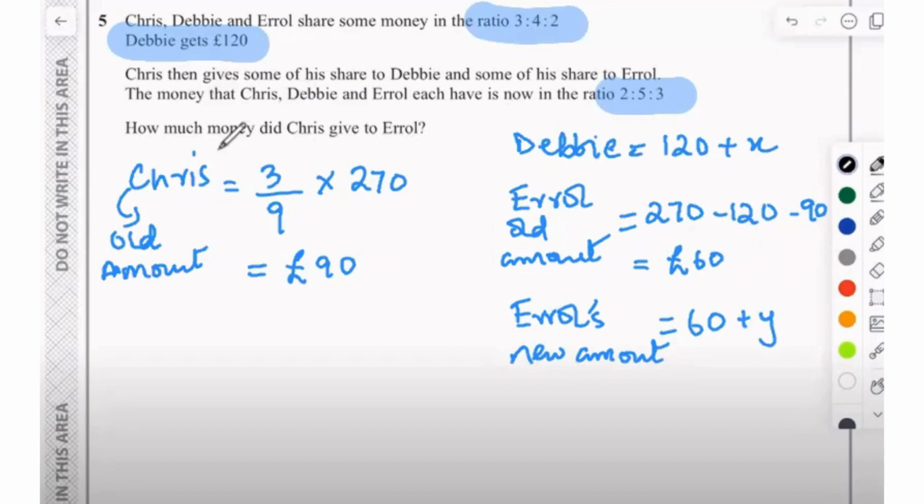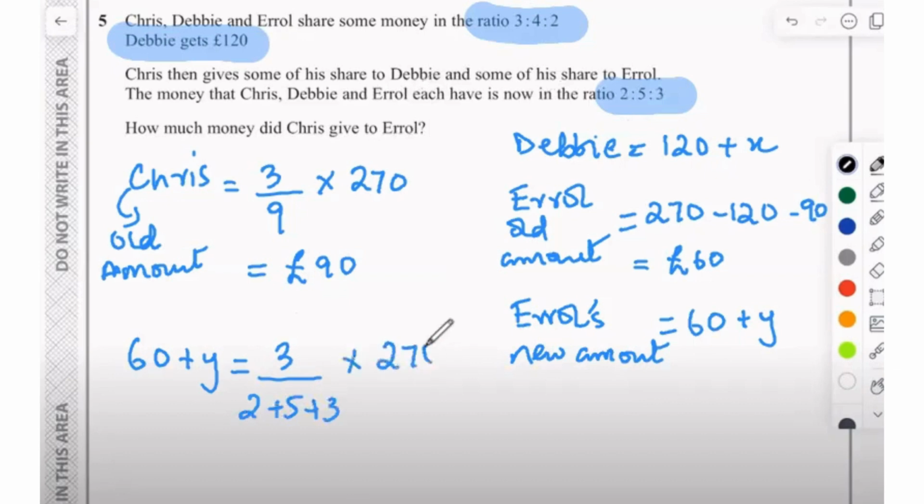Now they're asking how much money did Chris give to Errol. So to find the amount that Chris gave to Errol, we will use Errol's amount, which is 60 plus y, and that will be equal to the quantity from this ratio. So from this ratio, Errol's part is 3. So 3 over the sum of 2 plus 5 plus 3, times the total amount, which is 270.